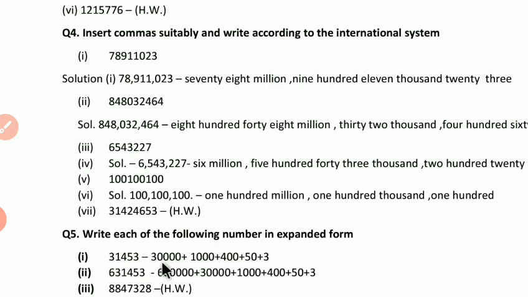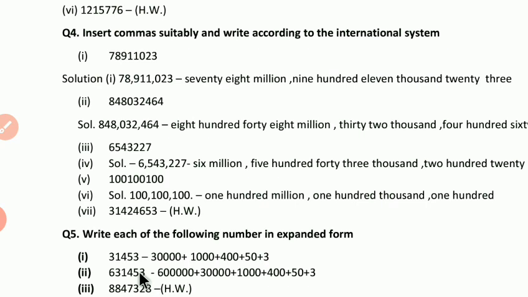Plus. Next digit is 4. It is at the hundreds place, which means after this there are 2 numbers. So we have to put 2 zeros. Plus. Same for 5. It has only one number after it, so we put only one 0, 50, and last one 3. It is at the ones place. So this one is the expanded form. Expanded form means we have to write all the digits with their place values.